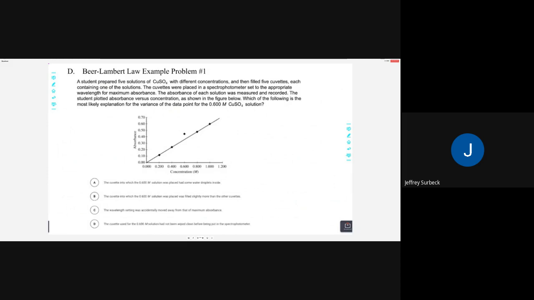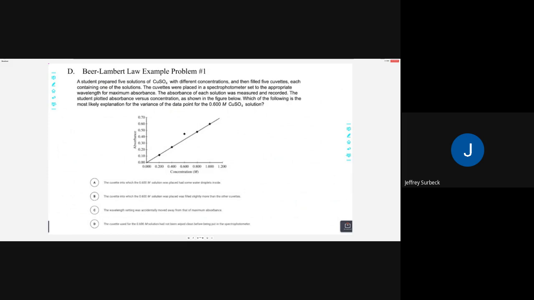C, the wavelength setting was accidentally moved away from the maximum absorbance. Well, if it was shifted left or right, would we get a greater value of absorbance? No, it should dramatically drop down. So if that was the case, it would have to be below that straight fit line. So that leaves us with option D.